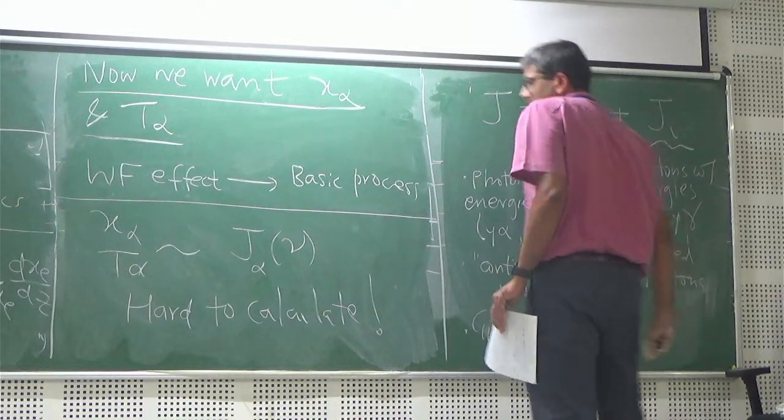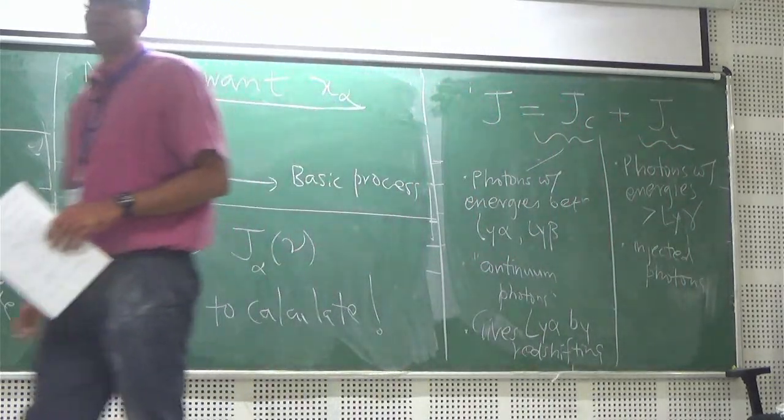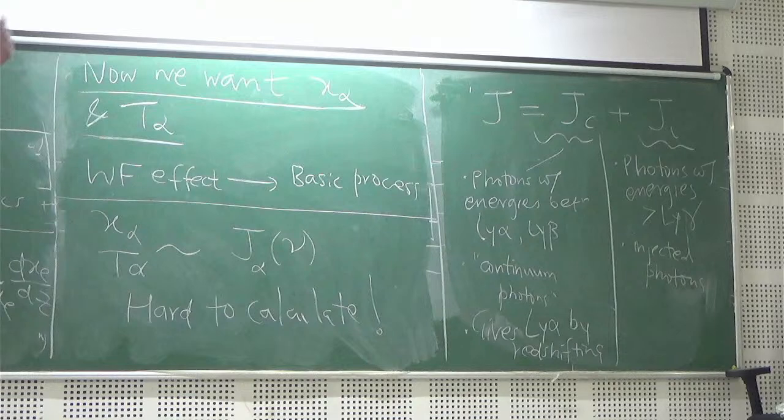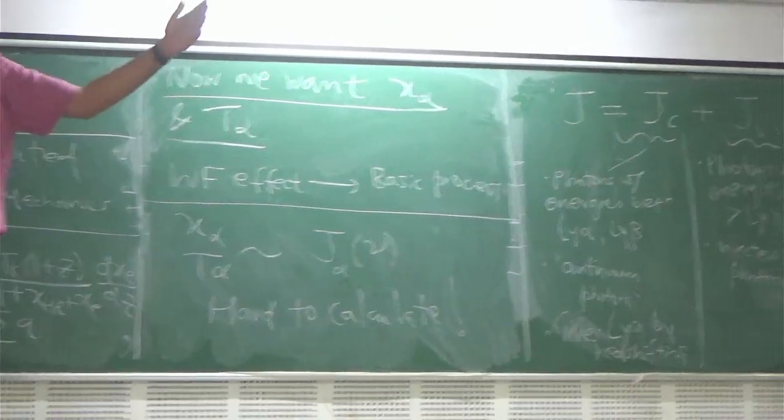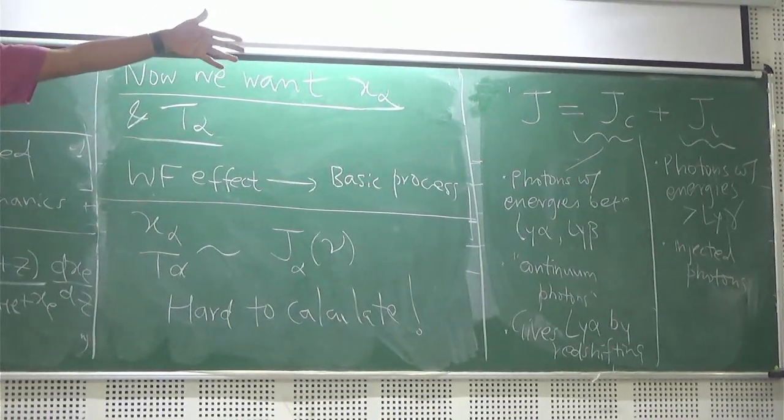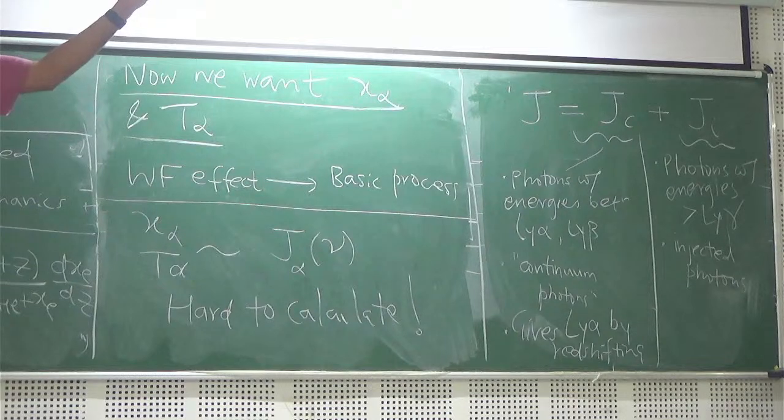The reason behind calling them injected is the following. Imagine a photon is emitted somewhere at Lyman gamma or some higher energy. You would expect, why is he calling them injected? This photon is going to redshift to Lyman alpha by the time it gets to me anyway. However, before it comes to Lyman alpha, it's going to be absorbed by one of the Lyman series lines. They also have very high cross section, so there's a very high probability that it will be absorbed by that line.